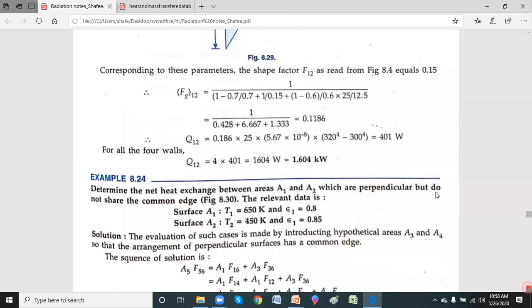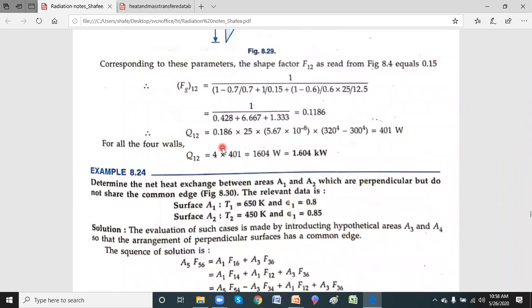So that's why you replace that one, and you got the formula as Q12 is around 401.